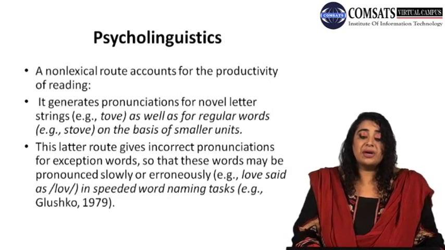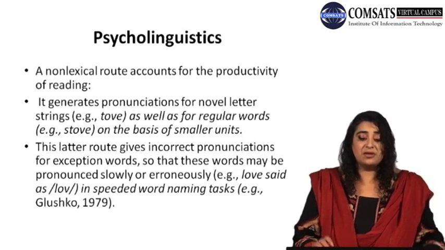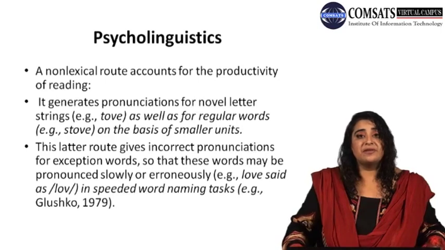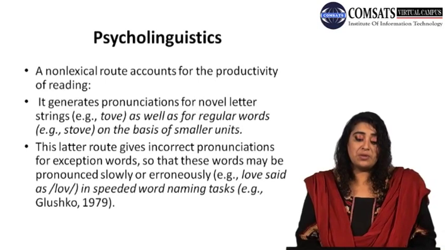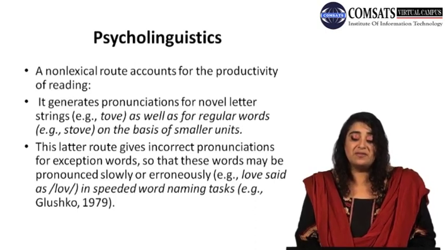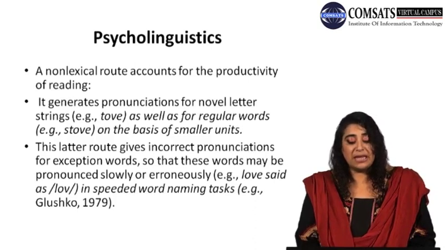A non-lexical route accounts for the productivity of reading. It generates pronunciations for novel letter strings, for example tove, as well as for regular words such as stove, on the basis of smaller units. Now, this latter route gives incorrect pronunciations for exception words, so these words may be pronounced slowly or erroneously.